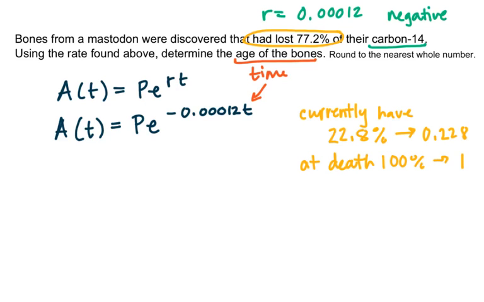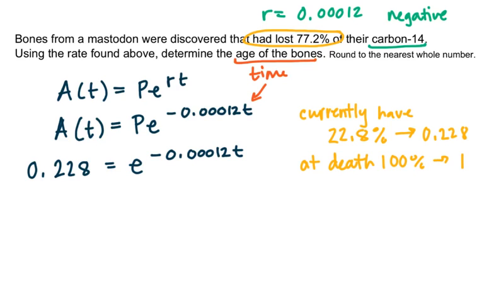So to set this up in the problem, we would say 0.228 equals 1 times e. And I really don't need to write that 1 in there, so I'm just going to say e to the negative 0.00012 t.